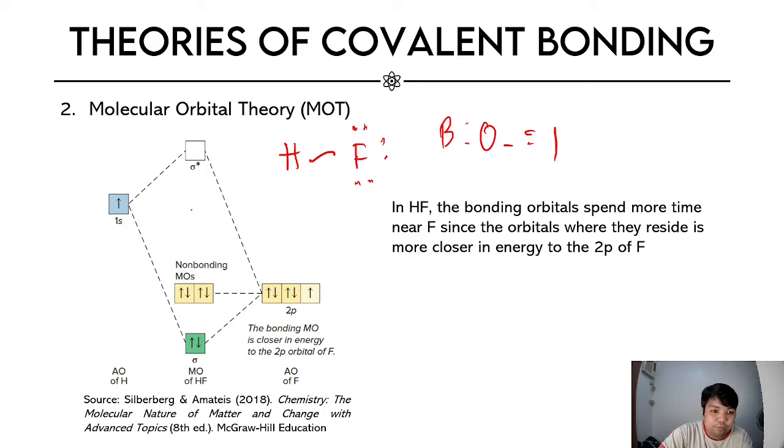So, ang nangyari is this one is the one that will undergo a linear combination with the 1s to form your sigma and your sigma star, while these other two will remain as non-bonding molecular orbitals, which actually signify two of the lone pairs.